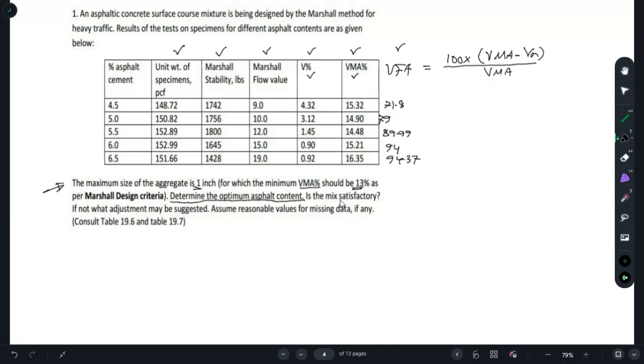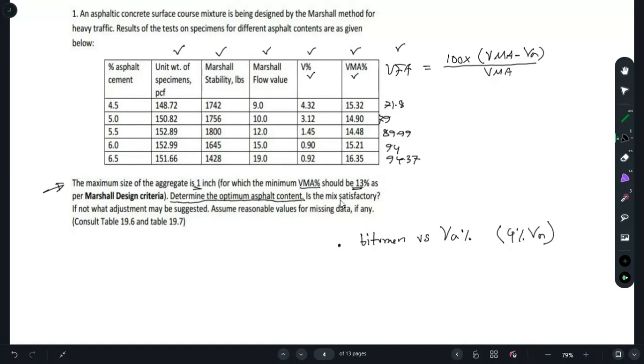Fine. So first of all, we'll draw a curve for bitumen content versus percentage of air voids in total mix. From that, we will find bitumen content for 4% air void, and we will try to claim that this percentage of bitumen is optimum.